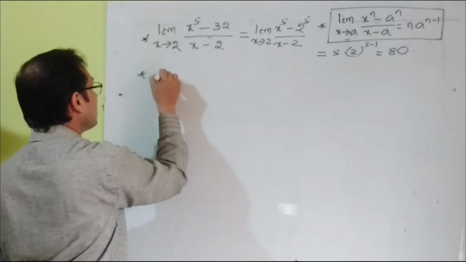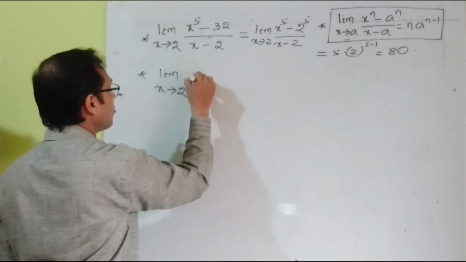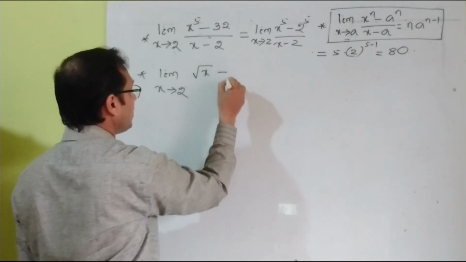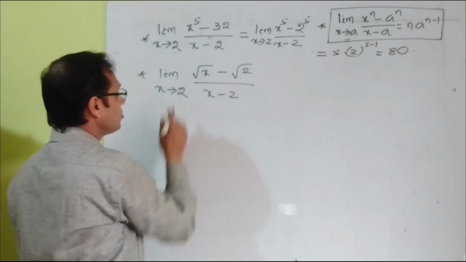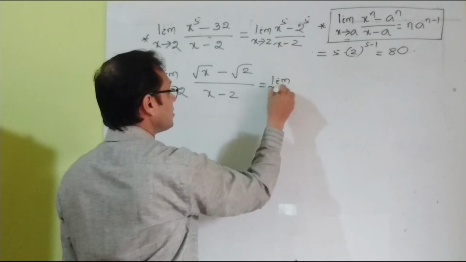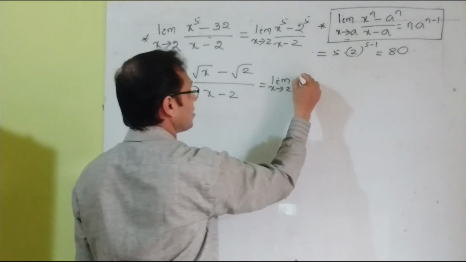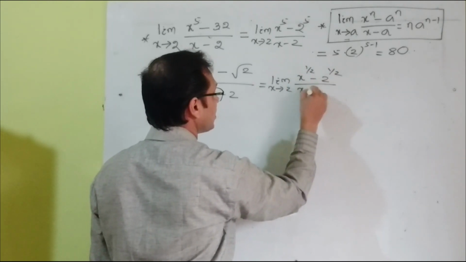Next example, limit x tends to 2 (root x minus root 2) by (x minus 2). So likewise you can evaluate, that is limit x tends to 2, root x means what? (x to power half minus 2 to power half) by (x minus 2).